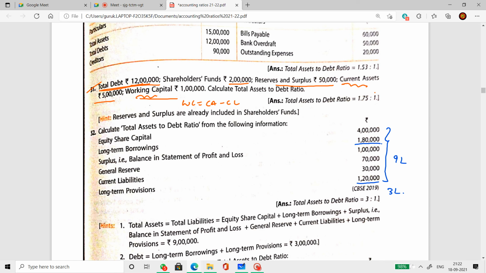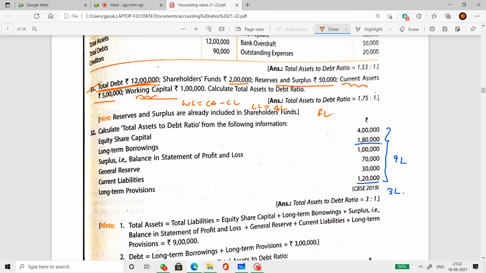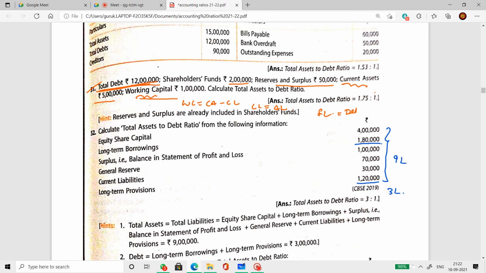So current asset minus working capital is current liability. So current liability works out to 4 lakh. When current liability is 4 lakh and total liability is 12 lakh, the non-current liability or long-term liability and provision will be 12 minus 4, 8 lakh. So this is our debt now.